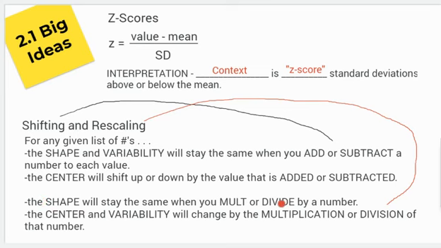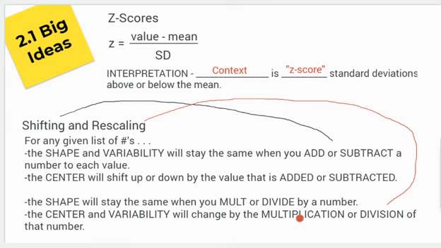But the center and the variability will change by whatever you are multiplying by or whatever you are dividing by. So for addition and subtraction, shape and variability stay the same, but the center will adjust.